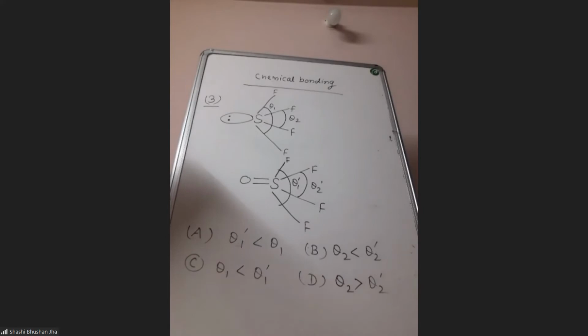Okay. How you got AB? Sir, lone pair repulsion with bond pair will be more than double bond repulsion with single bonds. Theta 2 or theta 2 dash are in the same plane.